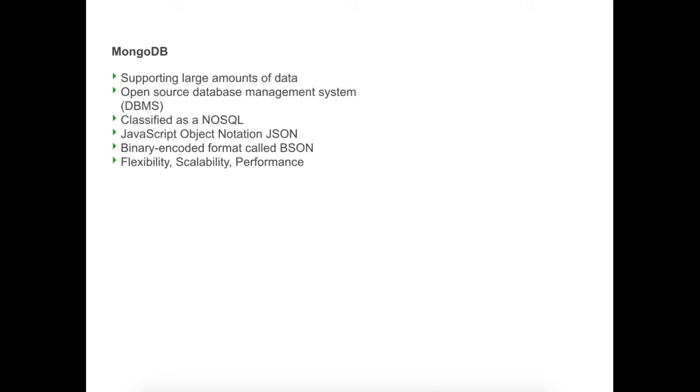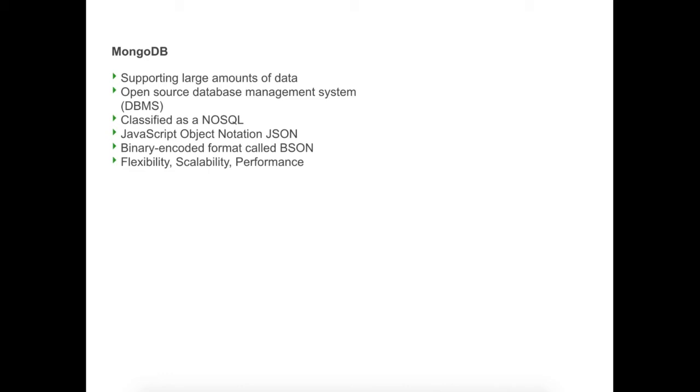JSON supports all of the basic data types you'd expect, such as numeric, strings, and booleans. MongoDB represents JSON documents in a binary encoded format called BSON behind the scenes. BSON extends the JSON model to provide additional data types, ordered fields, and to be efficient for encoding and decoding within different languages.